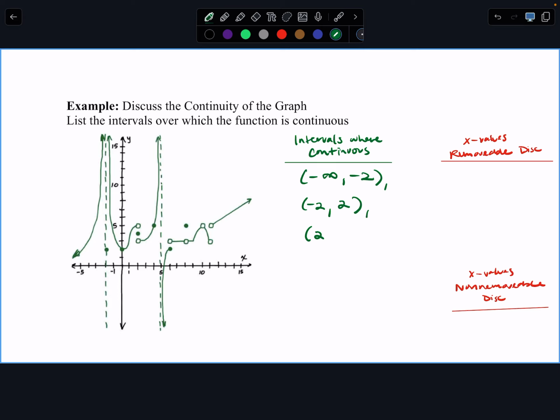At x equals 5, there's a vertical asymptote again, so that's another one for section 1.5. At x equals 6, the one-sided limits both exist, but they're not equal to each other, causing the jump. And then the same thing at x equals 11, there's the jump in the graph. Questions? Let's keep going.